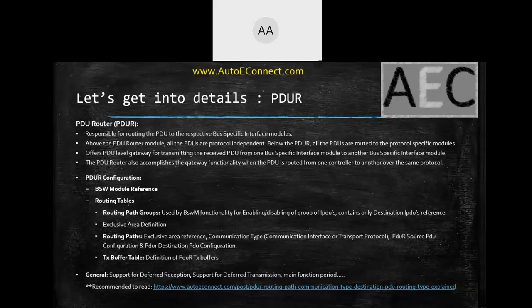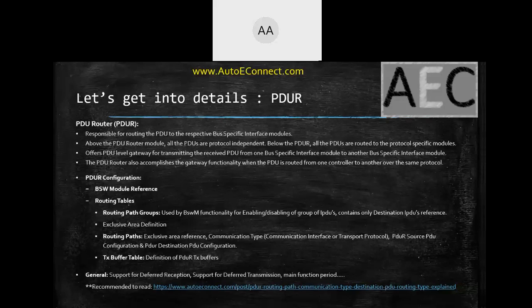Apart from this, PDUR does the postman job: taking the data from one layer and giving it to the other layer. Whenever we talk about an application related message, it will be going from the CANIF module to the COM module. The source will be the CANIF module and CANIF PDU, and the destination will be the COM module and COM related PDU reference.